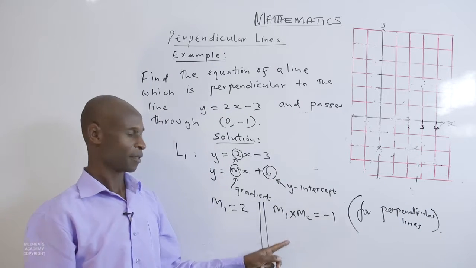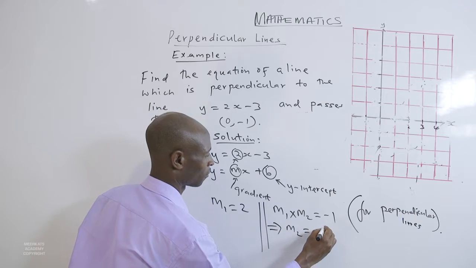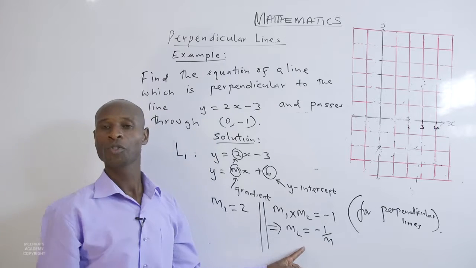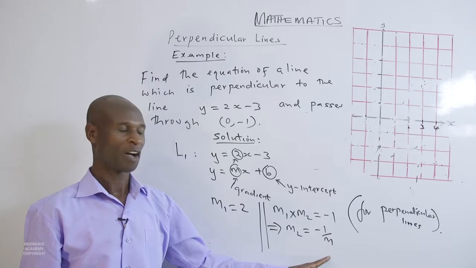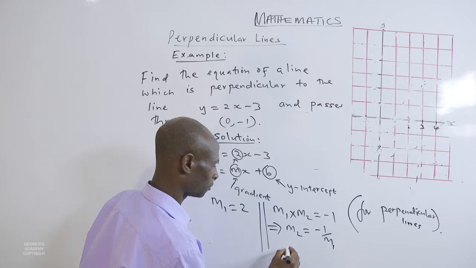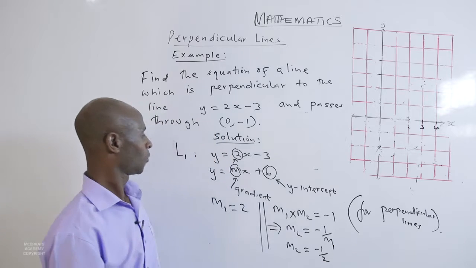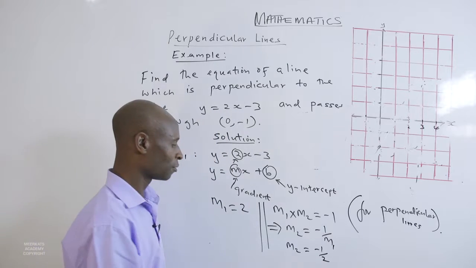So in this case, m2 is equal to -1 over m1, which is -1 over 2.